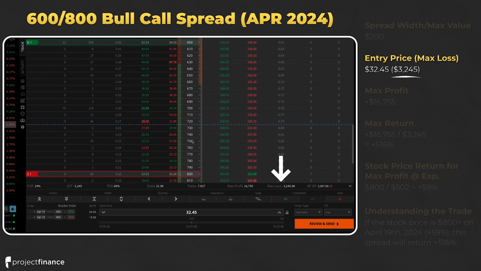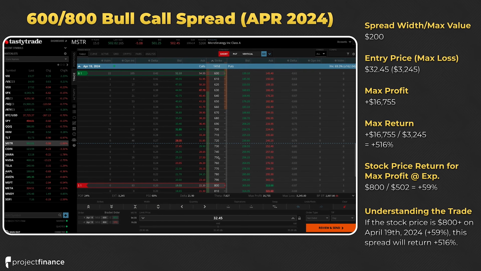So the max loss of this position is $3,245, while the max profit is $16,755. Again, this is a very aggressive bullish position because the stock price needs to go from $500 to $632 in this case, just to reach break-even by the expiration in April of 2024.